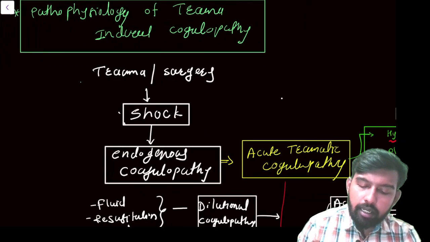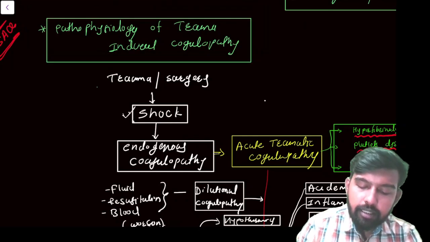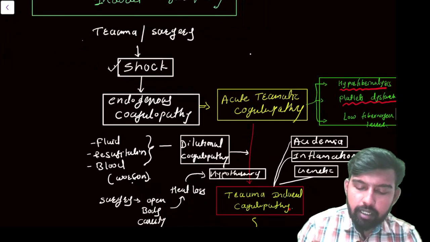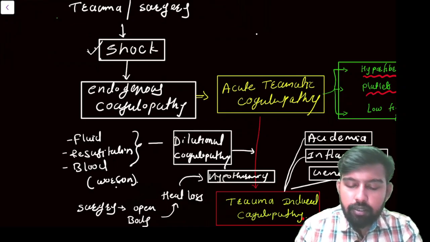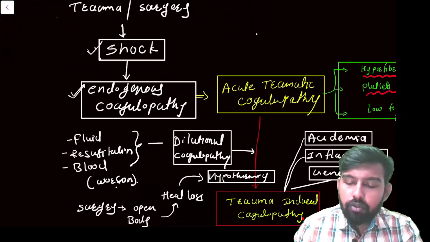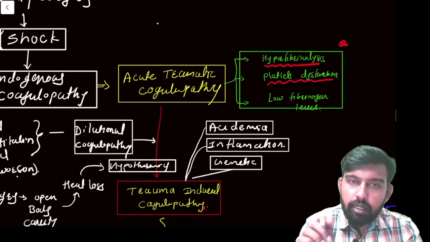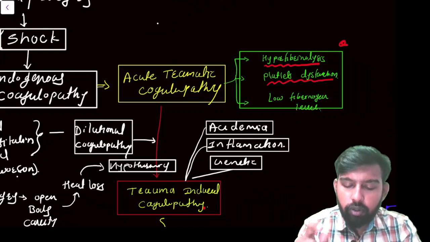So trauma or any surgery will lead to blood loss and ultimately result in shock. Shock causes release of endogenous cytokines, which ultimately lead to endogenous coagulopathy. Because of the trauma, there is an acute traumatic coagulopathy.